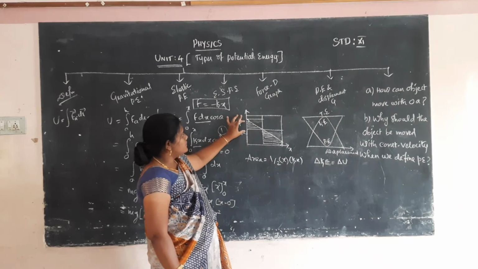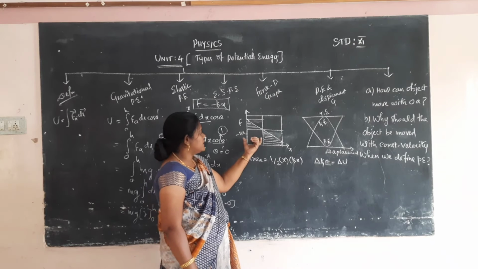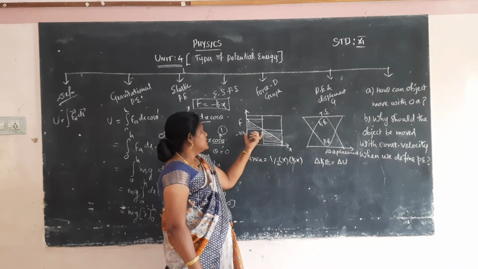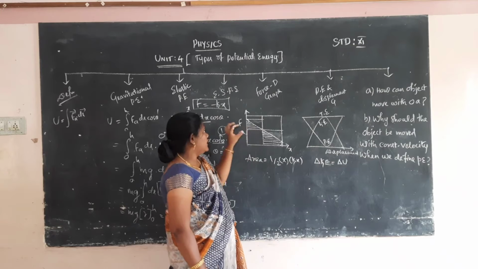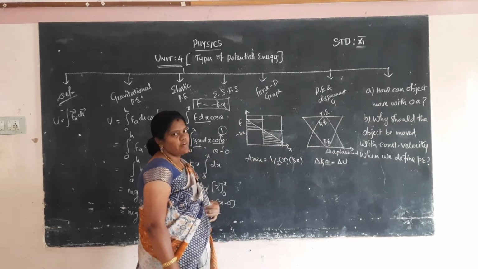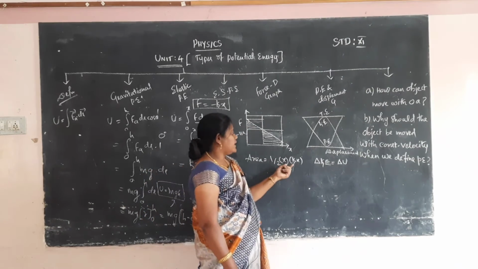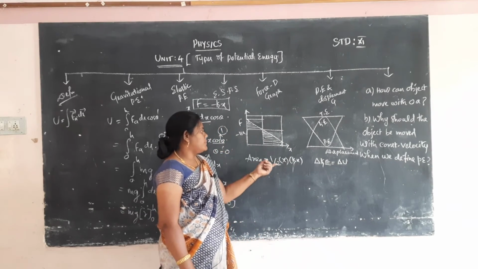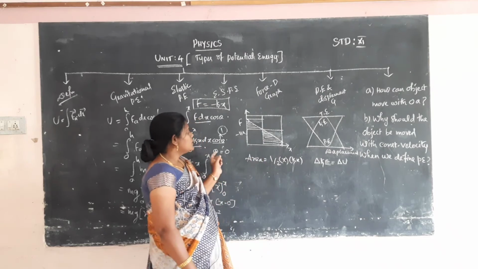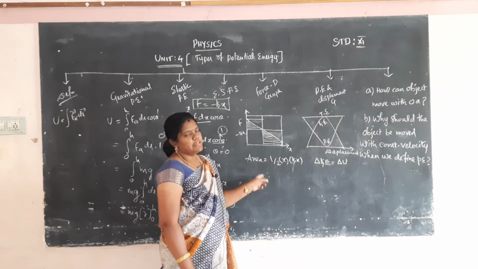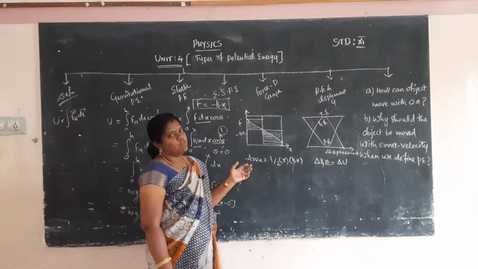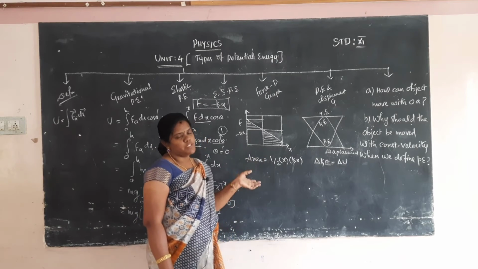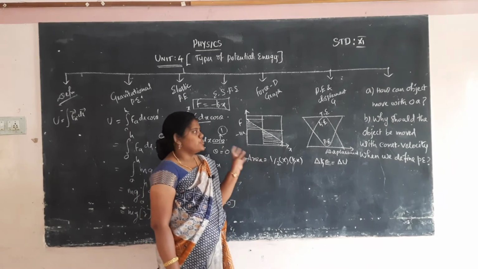The base is x and the height is F. So half into x into height, where the height is kx. So we easily calculate the area, which is used to find the work done on the object, and then find the energy also.